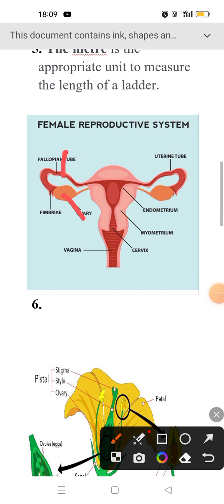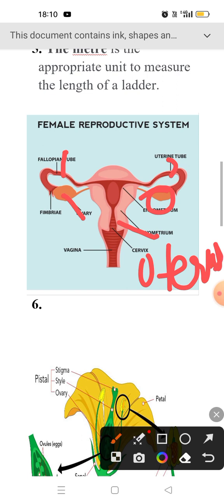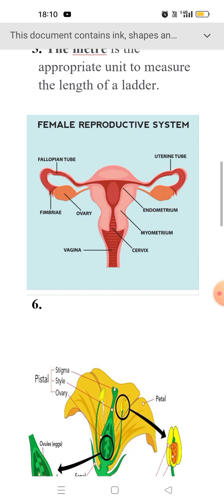This is the fallopian tube, and this is also a fallopian tube. These are the ovaries. Okay, and this is the uterus. So you have to mark these parts in the diagram. This kind of question has come. So learn all the parts of this diagram so that you can mark the answer properly there.